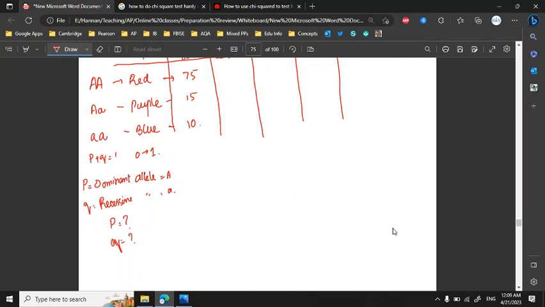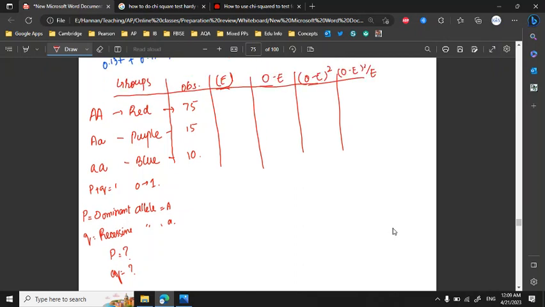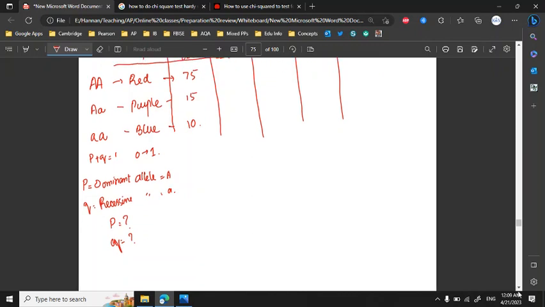So let's say 75 lizards are showing the red color, meaning capital A. So I would say that the red color is shown by 75 over 100, which equals 0.75.